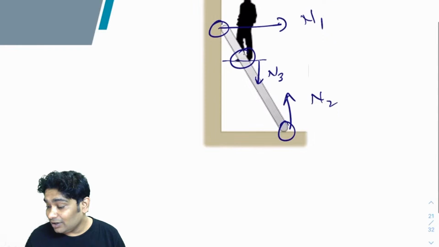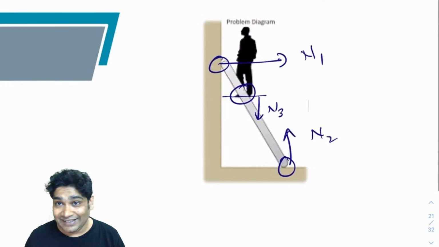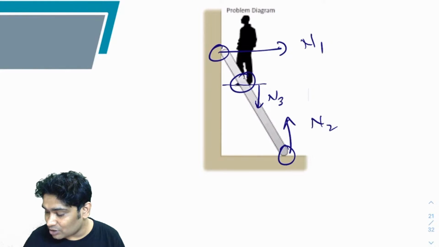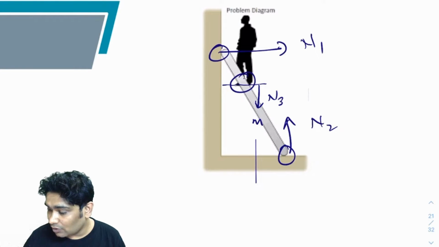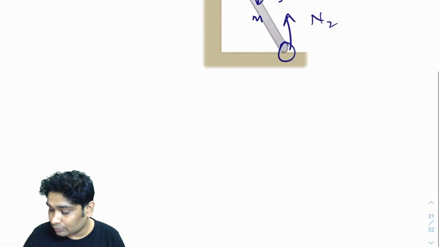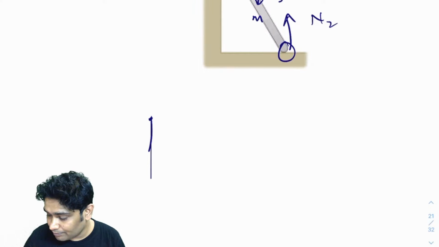Okay. Now the ladder also may have some mass. Let's call this mass small m. All right, and let's call the mass of the man as capital M. So the FBD of ladder. So ladder would have small mg acting like this.